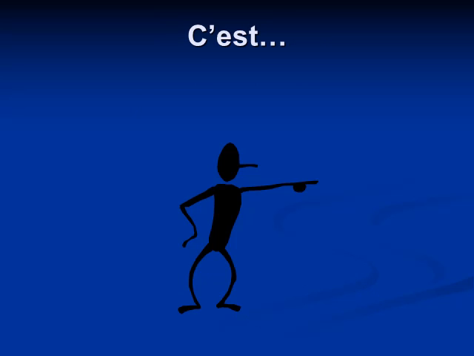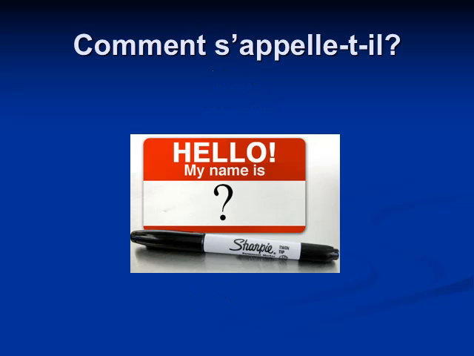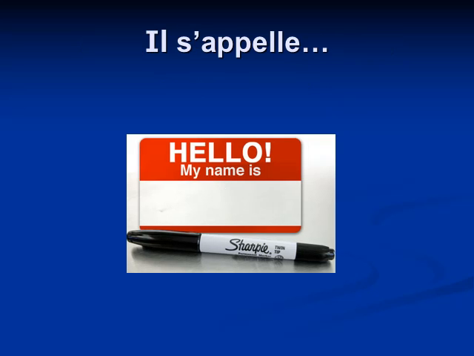Next up, to respond to that question, to respond to qui est, we say c'est, it's, or that's, and we've heard that before as well. Continuing down the list, on the left-hand side, we have comment s'appelle-t-il, and that's what's his name. Then we have il s'appelle to respond to that question.